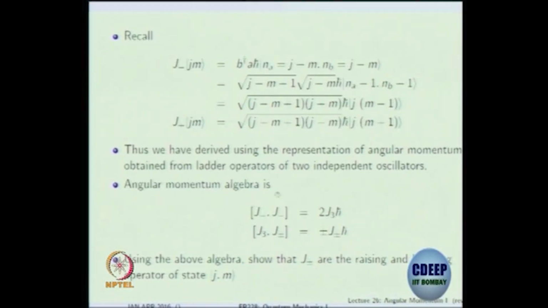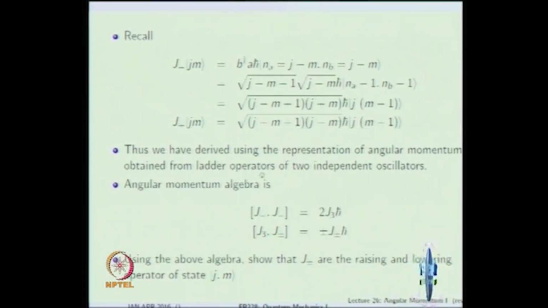That is, they have to satisfy this: J plus, J minus is twice J3 h cross, and with J3 the two ladder operators, the raising operator in the angular momentum context has an upper cutoff, can't go indefinitely, and minus is the lowering operator. This has to have plus or minus h cross. So this is what we call the angular momentum algebra.